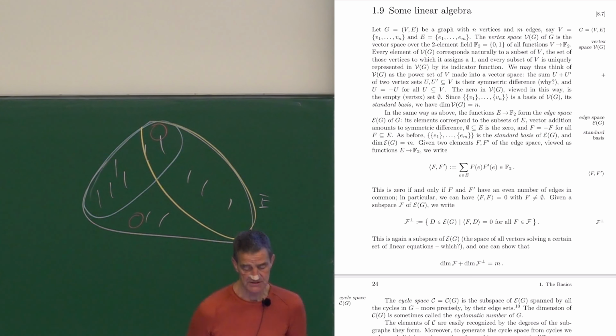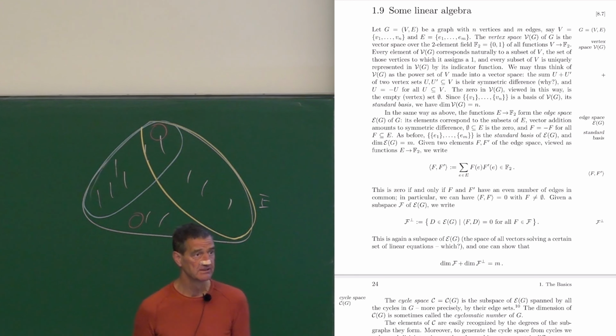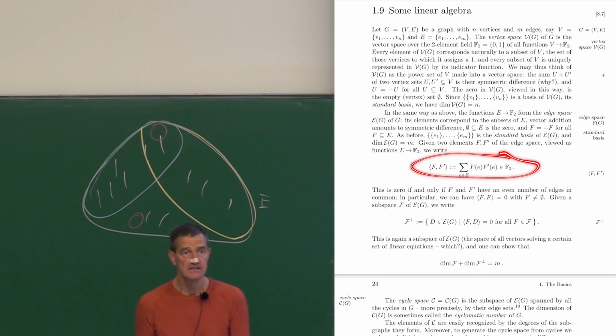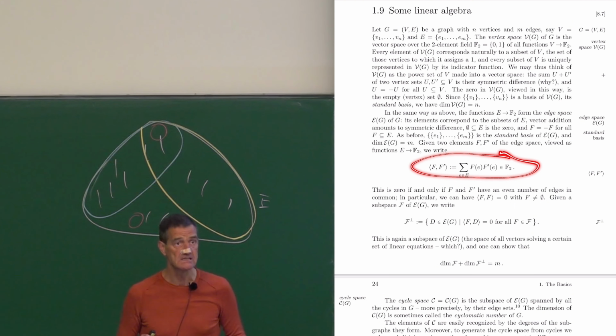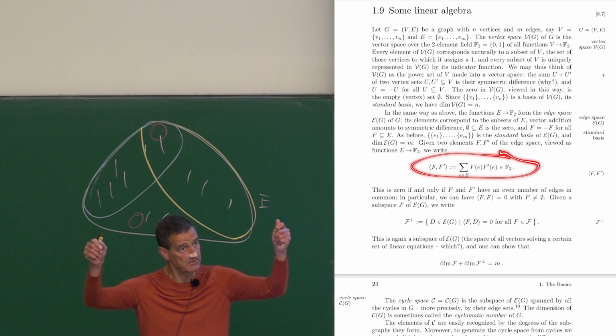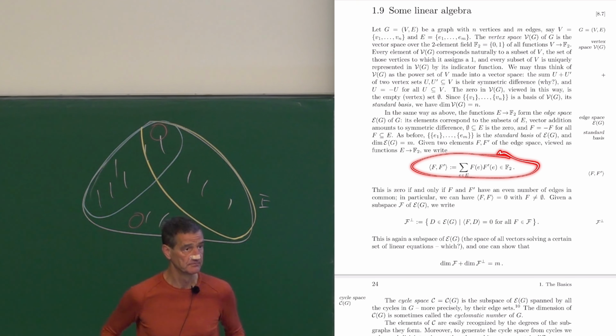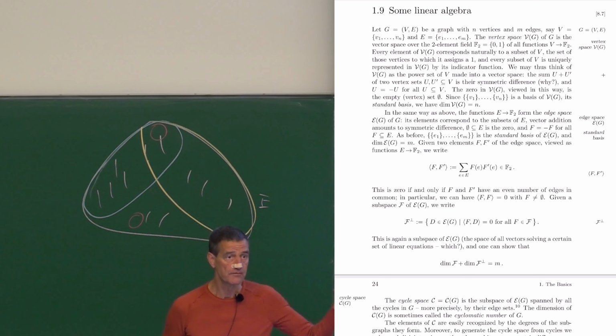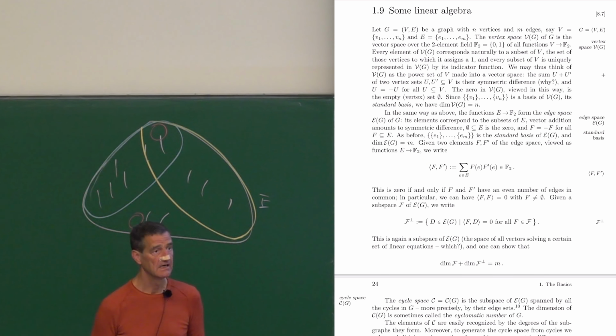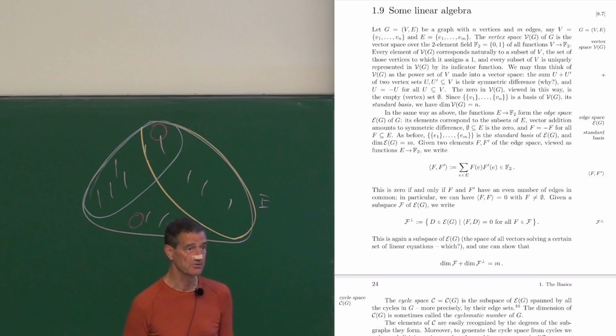Now, there's something like a dot product on these functions. When we have two of them, we'll just run through all the edges one by one, and then for every edge we take the image of one and we take the image of the other, and then we multiply those two. Okay, and so if you take the standard basis and the coefficients, then that amounts to what you know as the dot product from linear algebra.